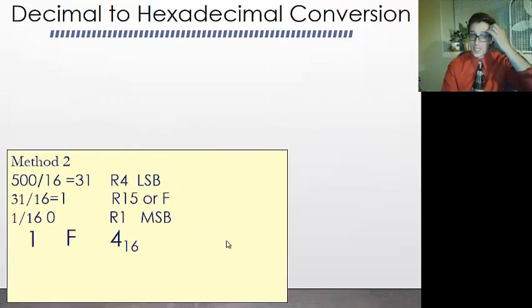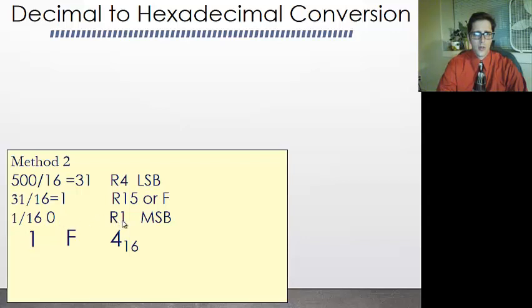Okay, the second method is swifter, but you really have to be careful about your division. So what we have is 500 divided by 16 is 31 with a remainder of 4. It's our least significant bit. Then we have 31 divided by 16 is 1, remainder of 15, or F. Then we take 1 divided by 16 is 0.